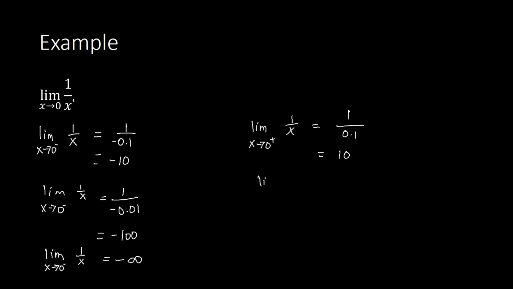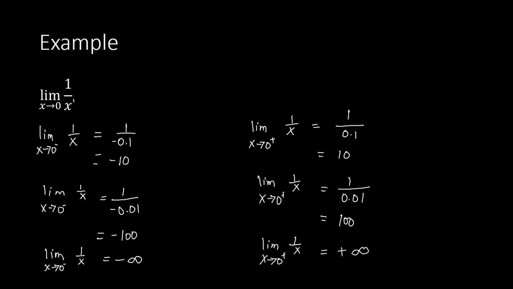And then if we add more zeros between 0 and 1, we can have 1 over 0.01, and that will be equal to 100. So notice as you add more zeros in between 0 and 1 here, your value is also becoming bigger and bigger and positive. So our limit of 1 over x as x approaches 0 coming from the right side is a positive infinity.